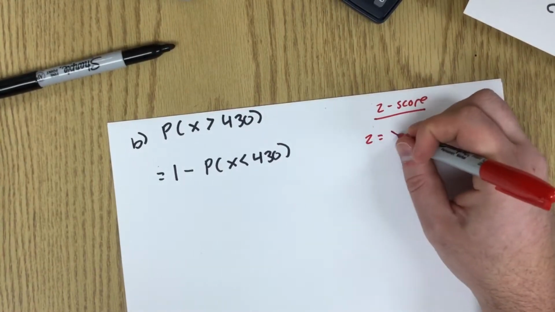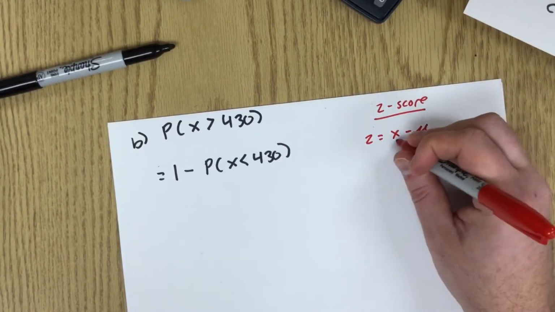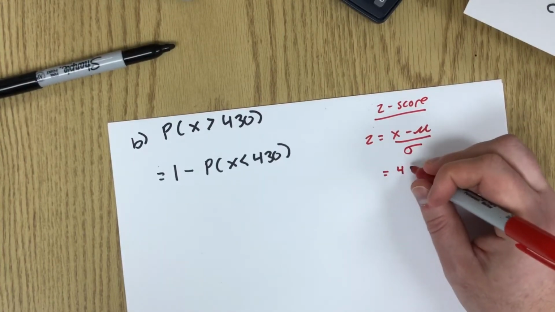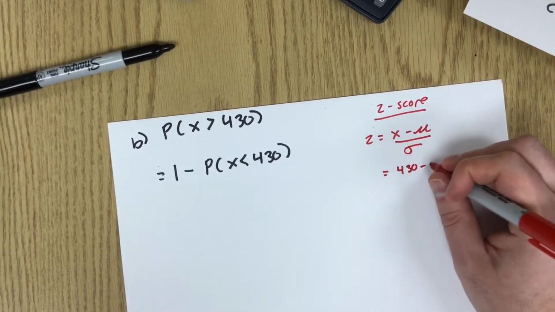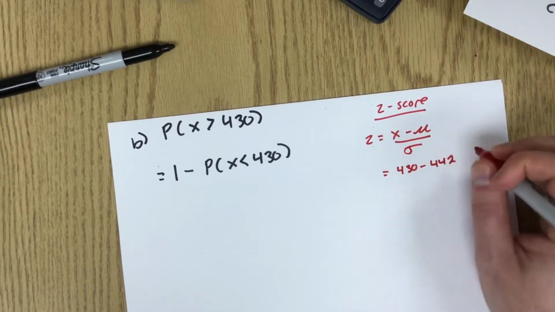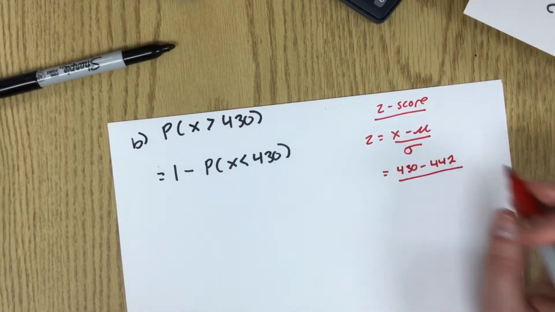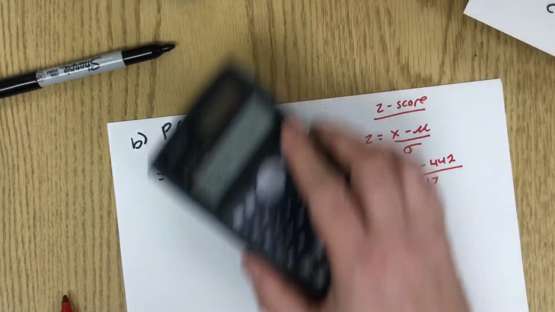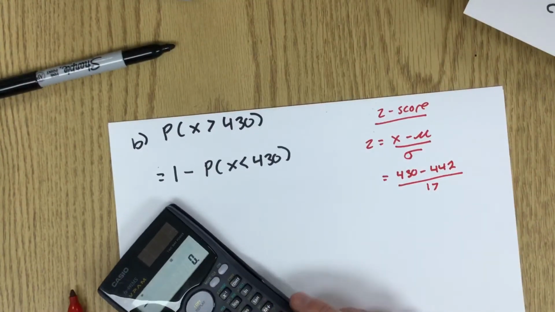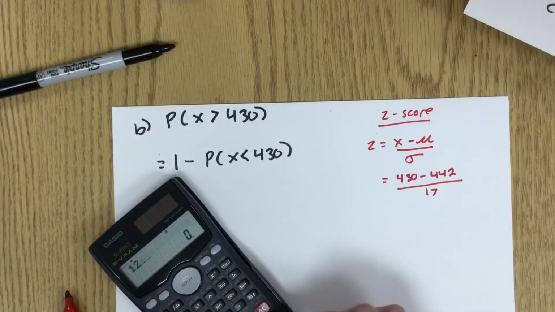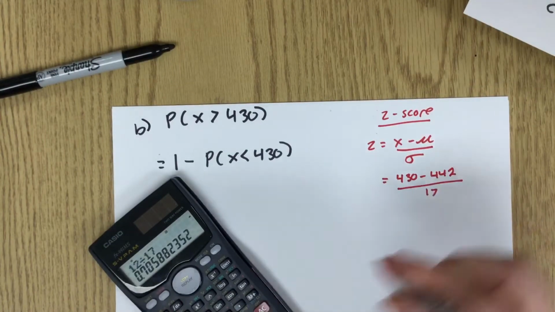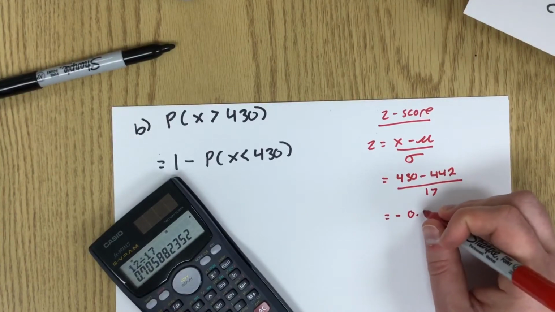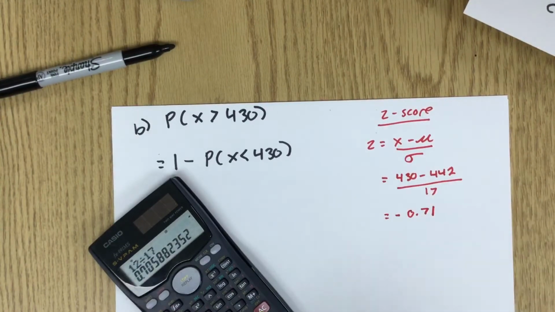So z is x minus mu over sigma, which is 430 minus 442 divided by 17, which is negative 12 over 17, which is negative 0.71.